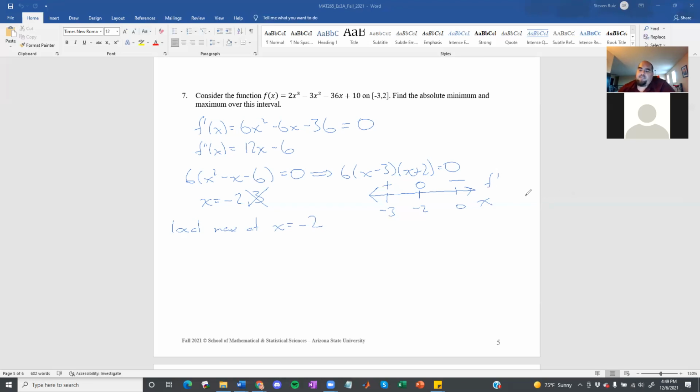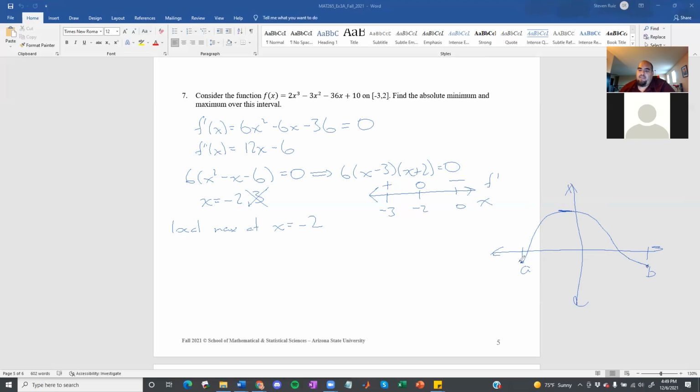So your absolute extrema could happen at critical points. But what if you have a function that looks like this? So left end A, right end B. Your absolute max is going to be up here, which is at a critical point.